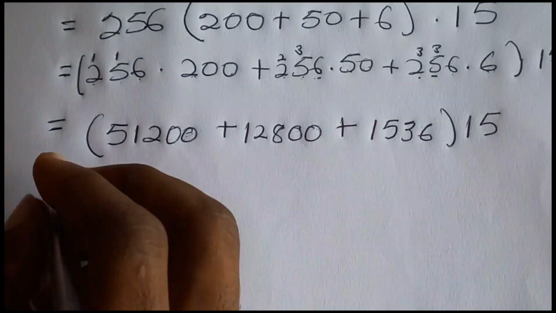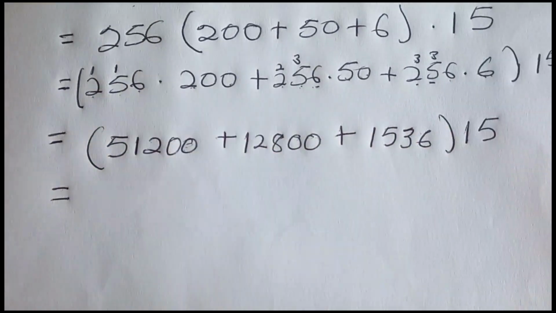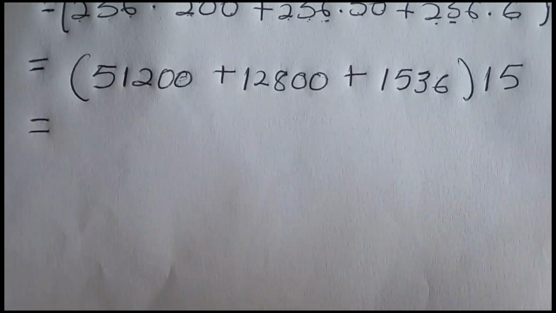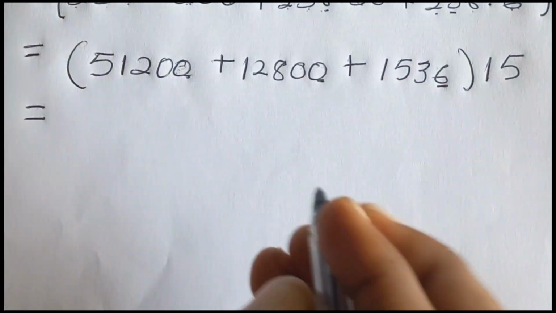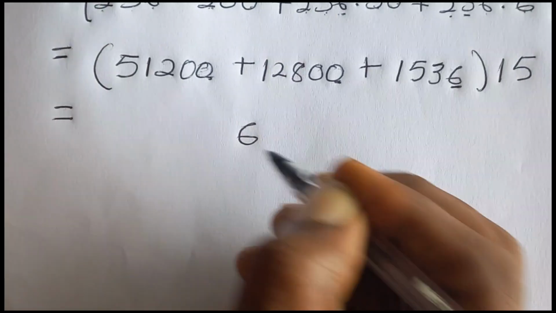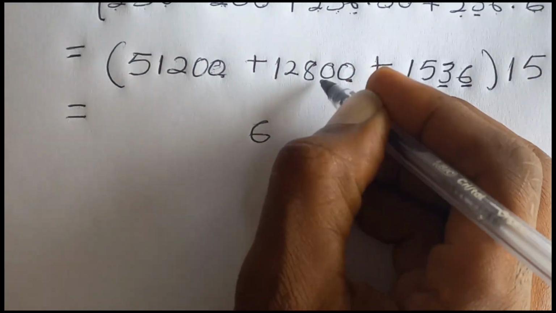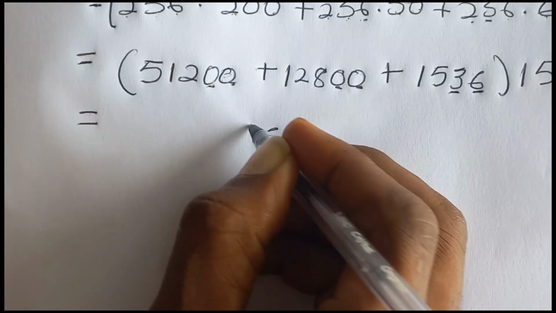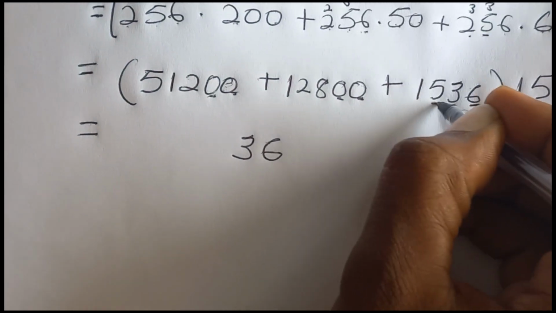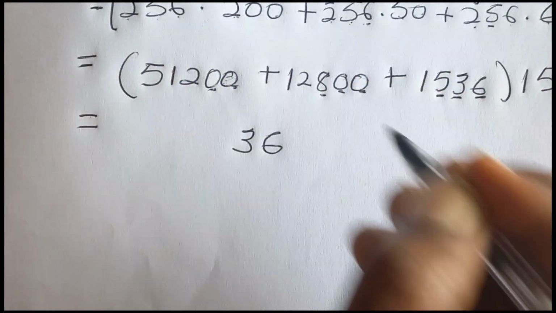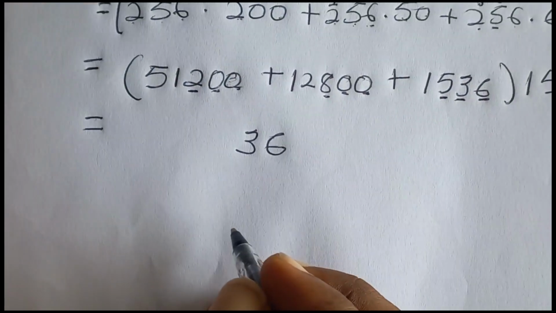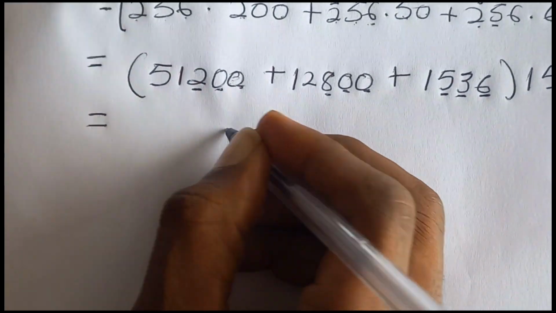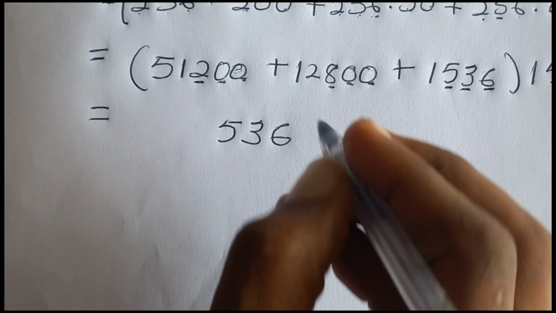Now let's sum this up. So now 6 plus 0 plus 0, I'm getting 6. 3 plus 0 plus 0 is 3. 5 plus 8 is 13, 13 plus 2 is 15, so 5, a remainder of 1.